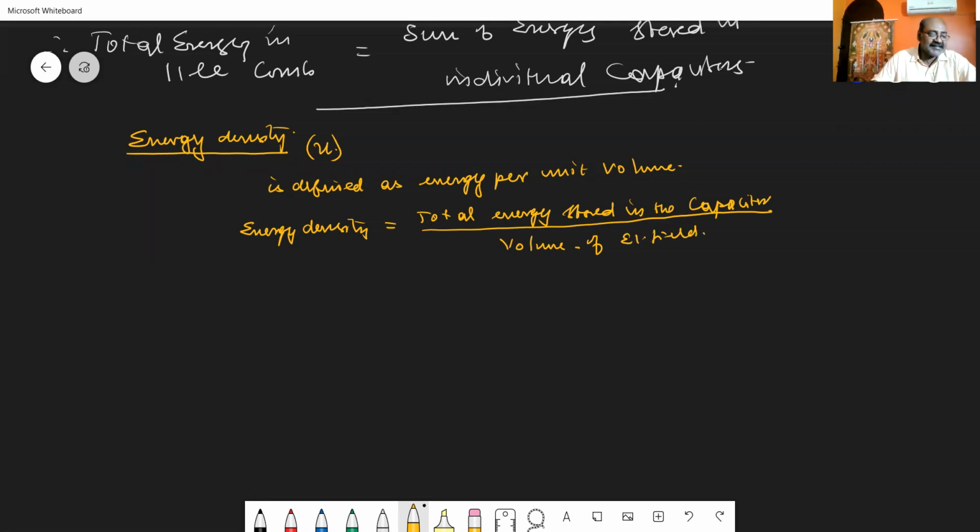So energy density is defined as energy per unit volume, or potential energy per unit volume. If you want, you can calculate this.